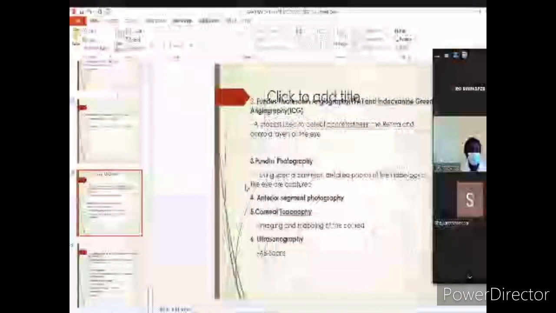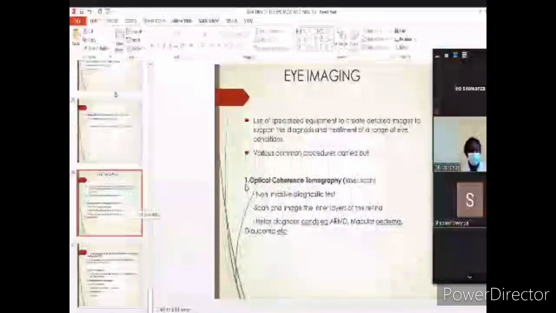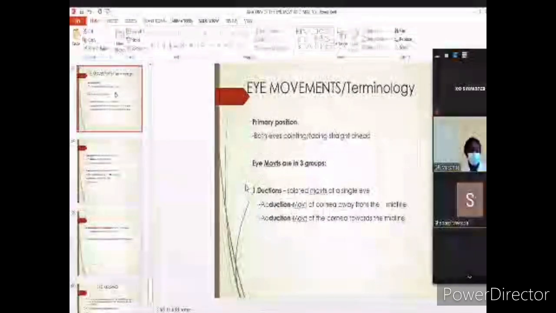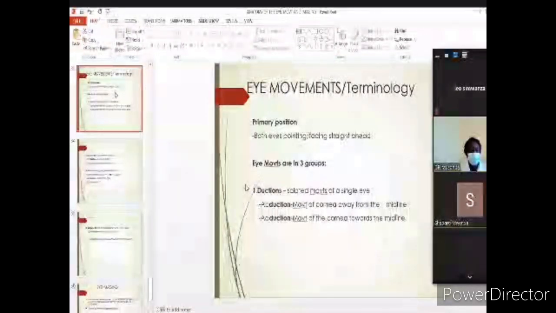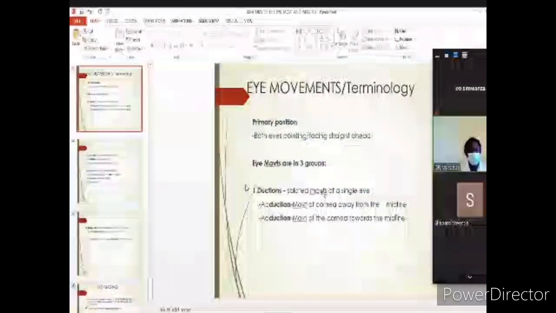Is it this one? Yes. I don't know whether my imagination serves me right. I'm looking at this where you said, for example, if I define abduction, it's movement of the cornea away from the midline. So now I'm trying to understand, was this in reference to one eye or both of them? I think just read the first line. It says ductions. It's isolated movements of a single eye.